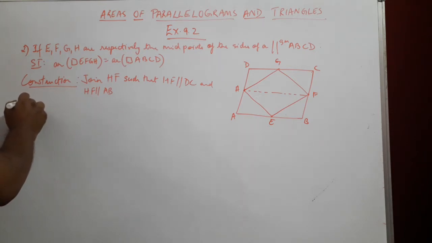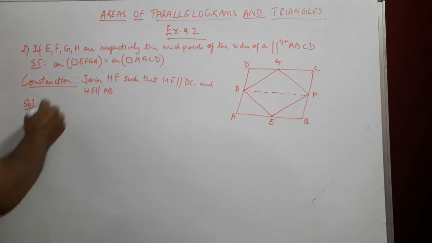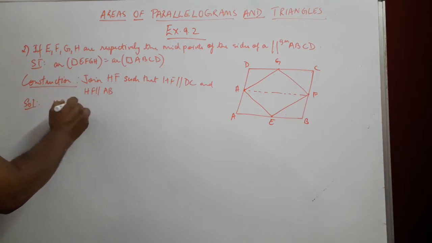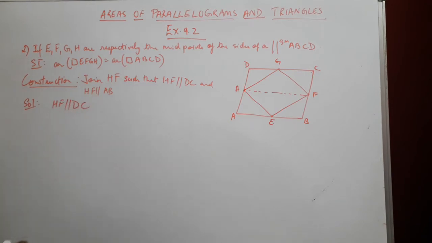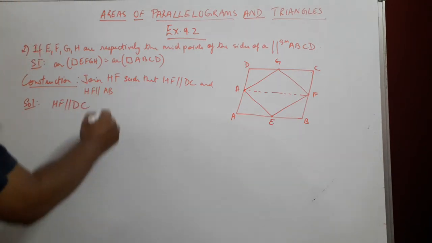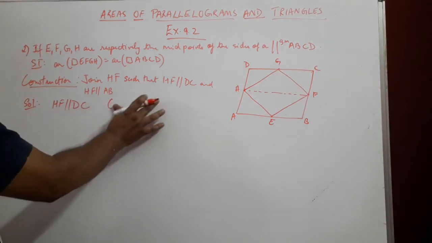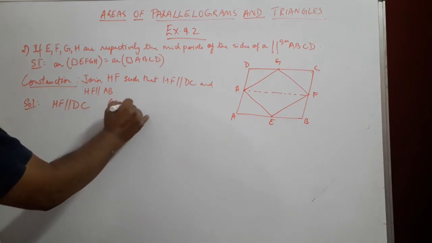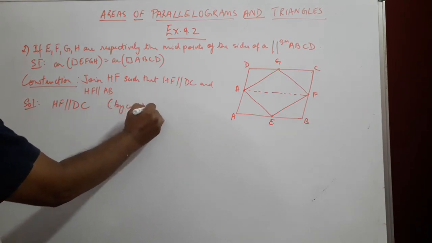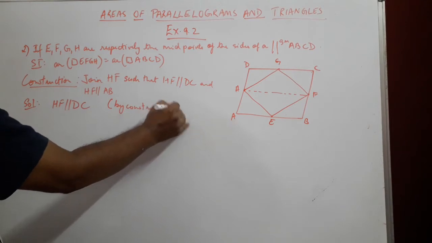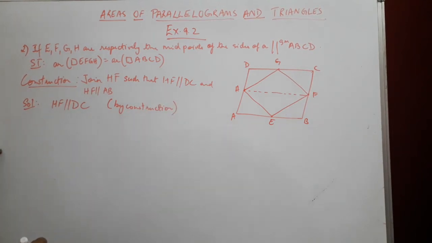So the solution. HF is parallel to DC, and this is by construction. This is not given, this we have constructed, so we have to say by construction.